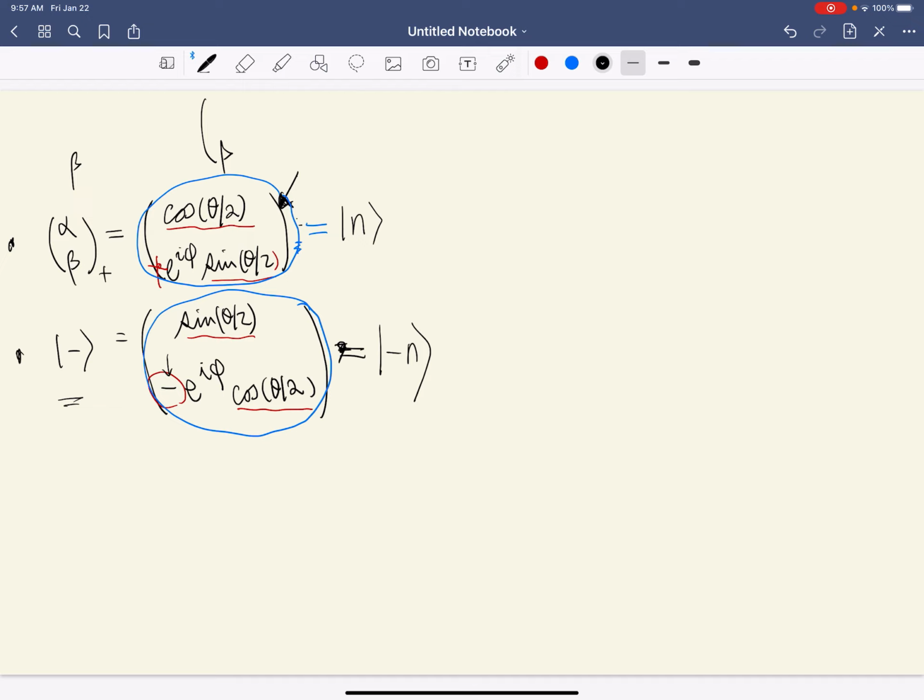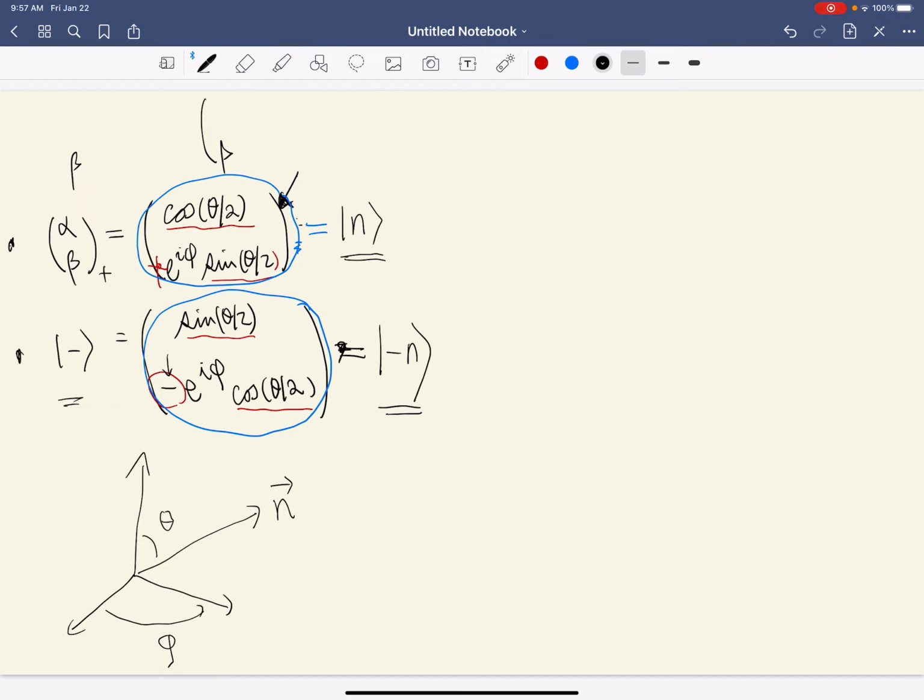Remember, n was this unit vector in the classical sense, right? I have these Cartesian coordinates, and here's my unit vector, and there's this angle theta, and there's this angle phi. Now, for some reason, I'm going to write down one of these eigenstates as n and the other one as minus n. So why am I doing this?